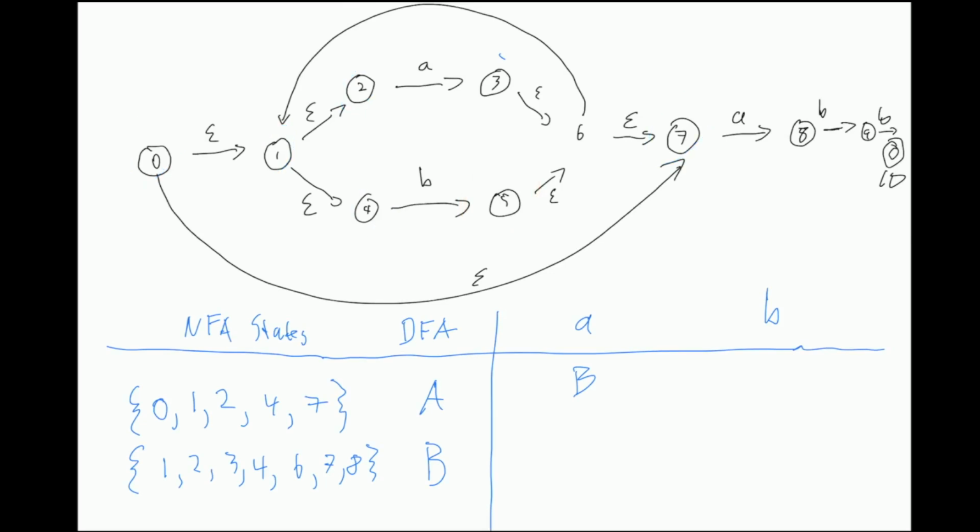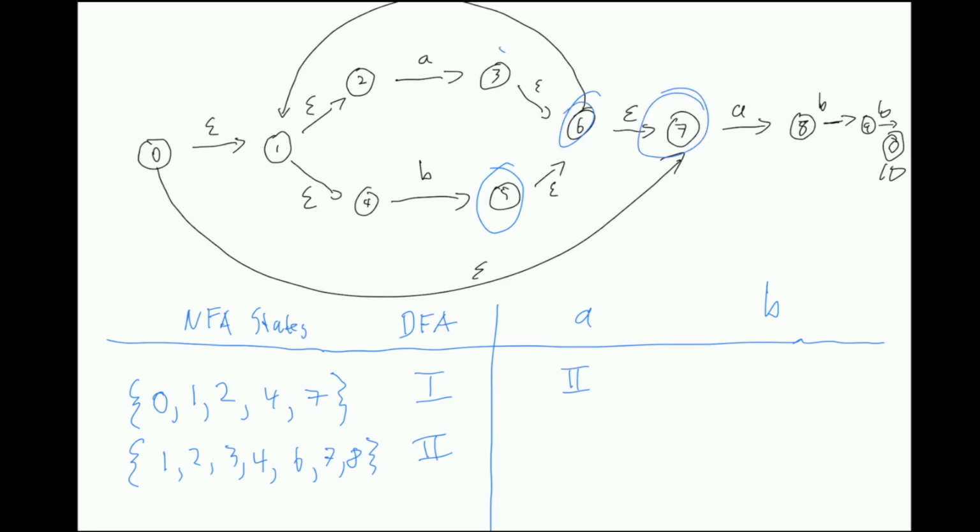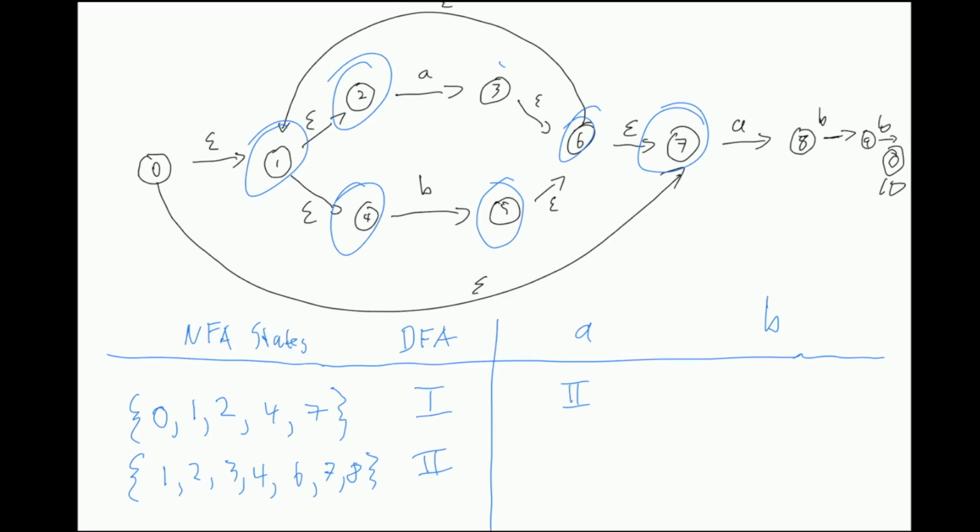So if we're in DFA state A, and actually let me give these better names here. A is confusing. So let's call these Roman numeral 1 and 2. So if we're in DFA state 1 and we see letter B in the input, the only state we transition to is 5. But via the epsilon closures, we also enter state 6, state 7, state 1, state 4, and state 2. Questions on that? That's just the epsilon closure after we've entered state 5.